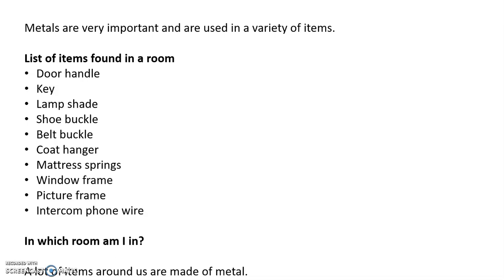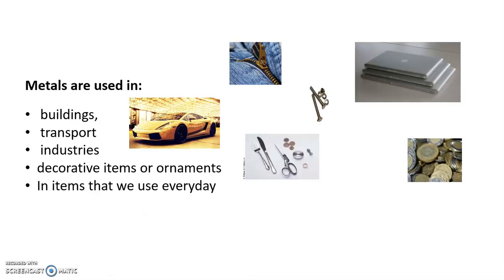Okay, but can you see how many items are made out of metal just in one room? I want you to look around wherever you are and make a list of everything that you see that is made out of metal. So a lot of items around us are made out of metal, and metal is very important. And I can try, but I'm failing to imagine a world with no metals.